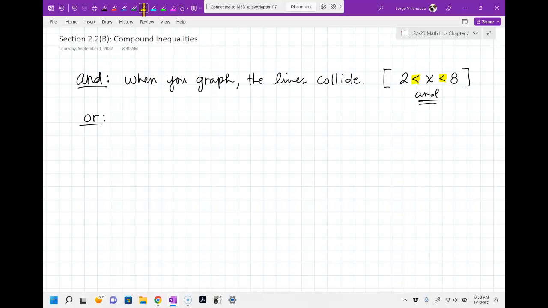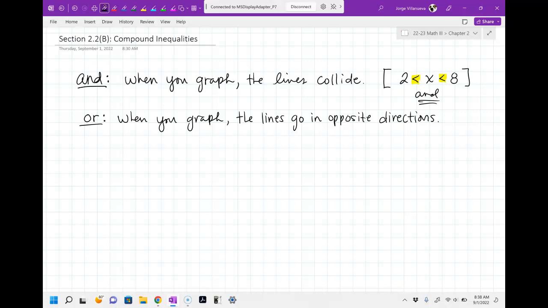Now the or, when you graph, the lines go in opposite directions. Usually you're going to see this or that, like this problem or that problem.